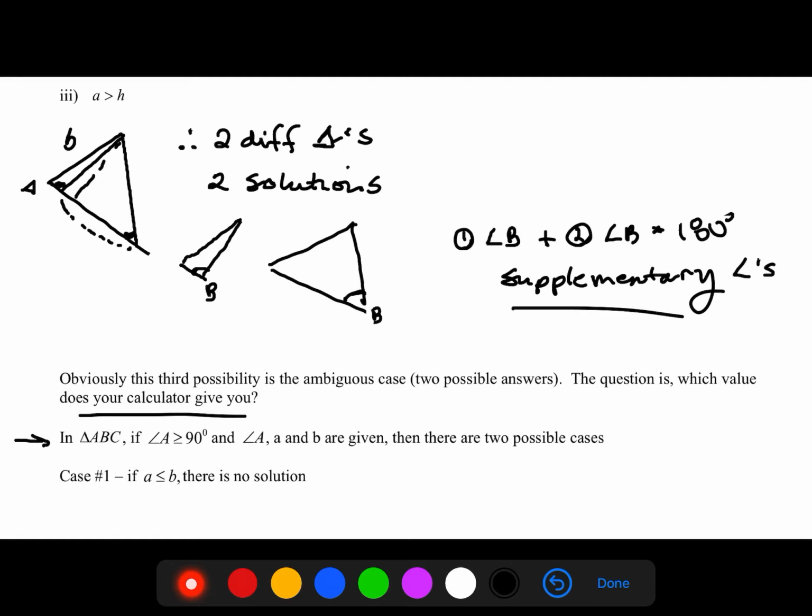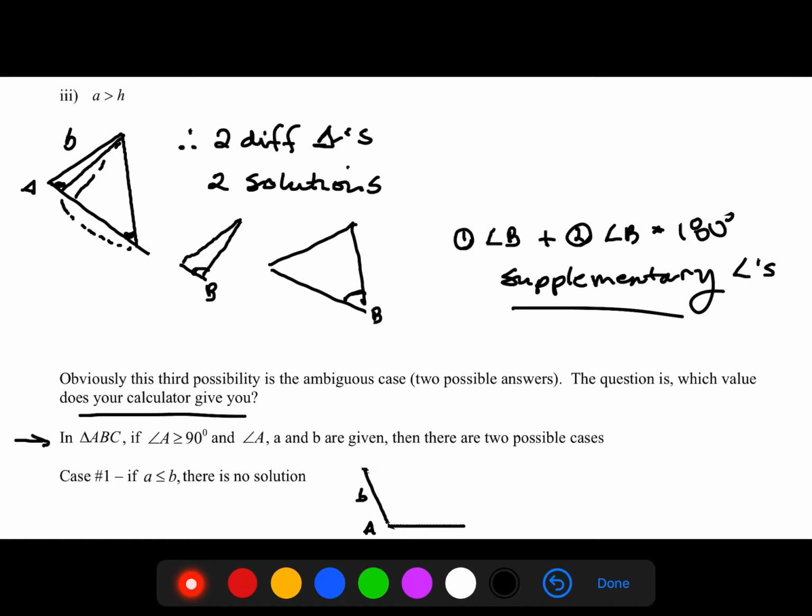Now, the other side of this, going back to angle A: if angle A is greater than 90 degrees, if angle A is obtuse, we know that angle B can only be acute.